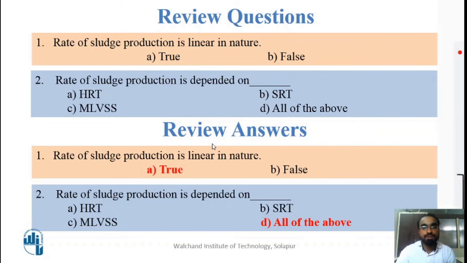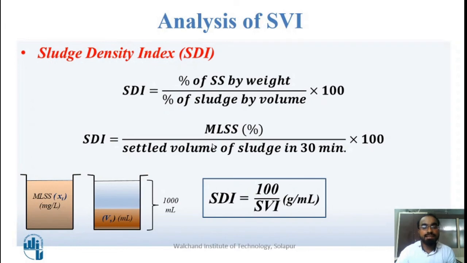After the analysis, there is another term, that is SDI, the sludge density index. It is defined as the percentage of suspended solids by weight to the percentage of sludge by volume. How much percentage of sludge will be there in that settled volume? That is what SDI is talking about.